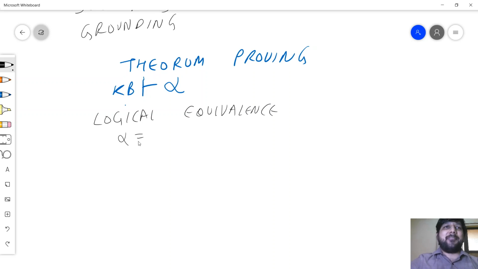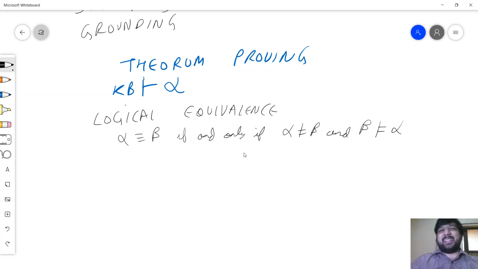I say alpha is logically equivalent to beta if and only if alpha entails beta and beta entails alpha. So you say that alpha and beta are exactly the same. There's no difference. So alpha entails beta and beta entails alpha. That's when you say that it's equivalent.